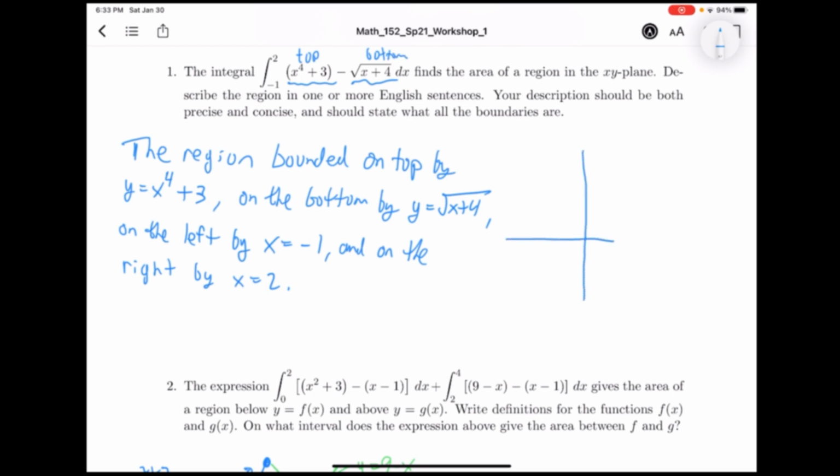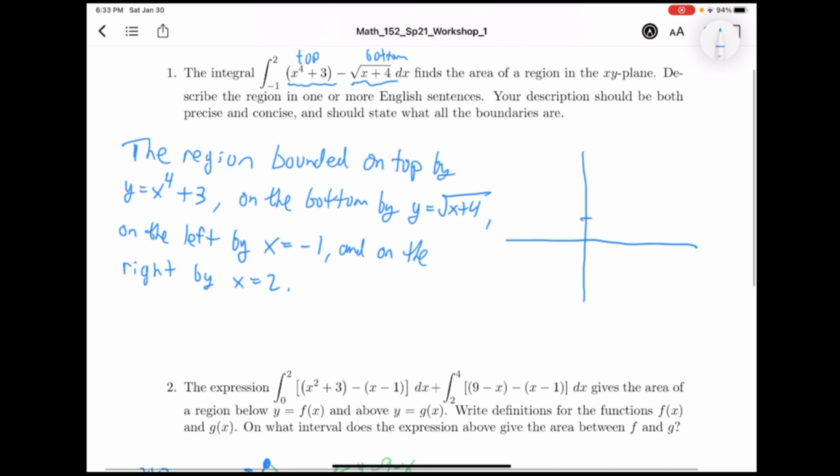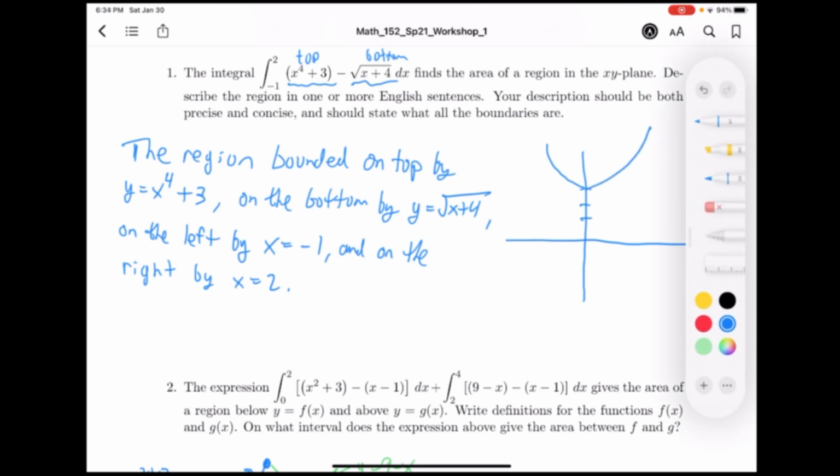The region looks like this: y equals x to the fourth plus 3 is that curve, and let's put the other in a different color. y equals the square root of x plus 4 is the square root function just shifted to the left like that. So this is y equals square root of x plus 4. This is y equals x to the fourth plus 3.